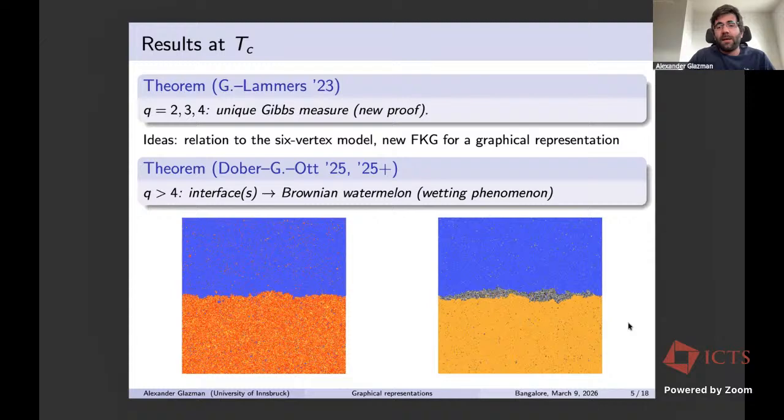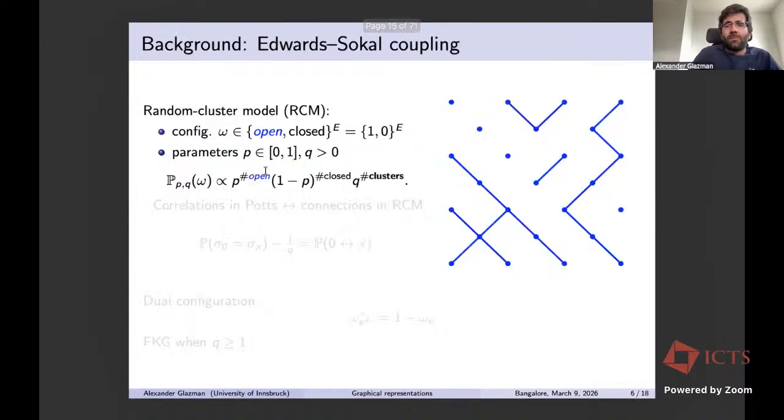Now I will explain first the second result, together with my former PhD student Maurice Dober and Sebastian Ott. So to explain it, I will first define the random cluster model, which of course most of you know, and you saw a mini course about it last week.